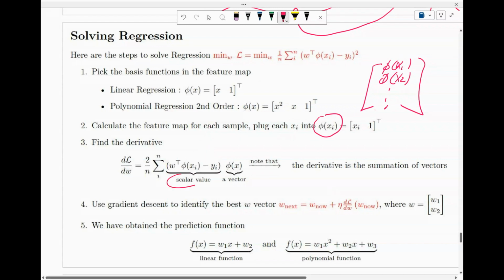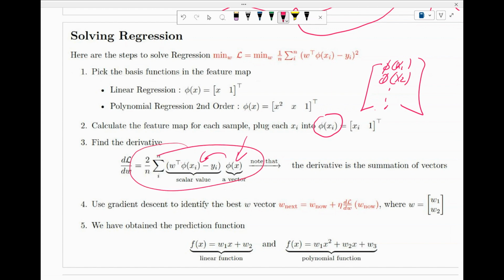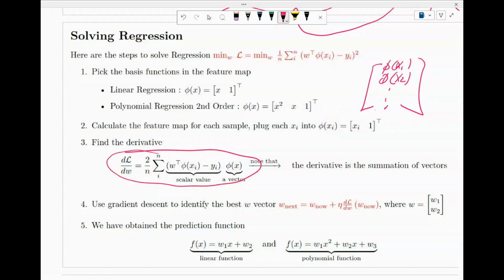This is a scalar value, whereas this is a vector. So essentially, we're looking at a vector multiplied by a scalar value, and we're summing up vectors. This is a sum of vectors scaled by this. So this right here is the derivative.